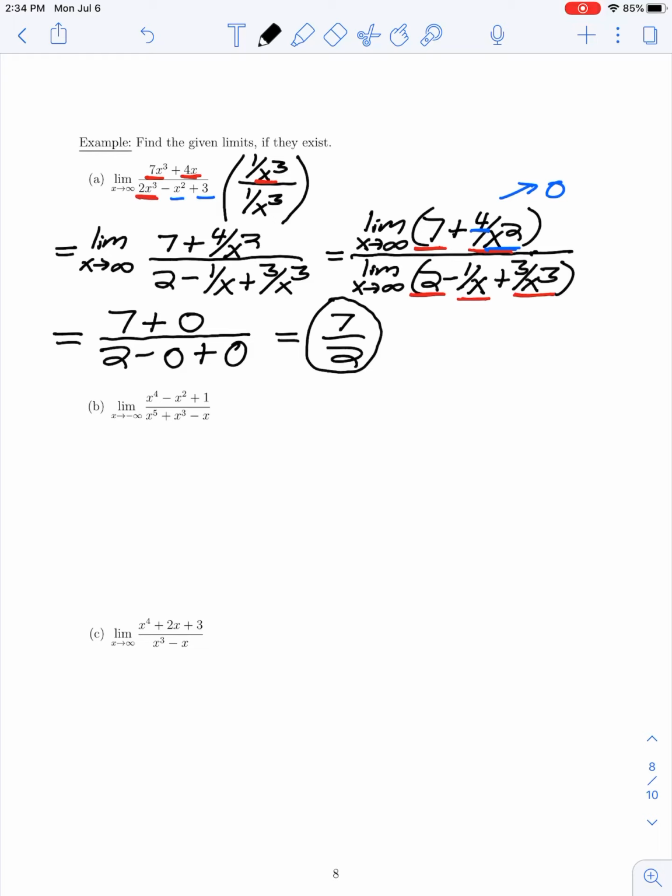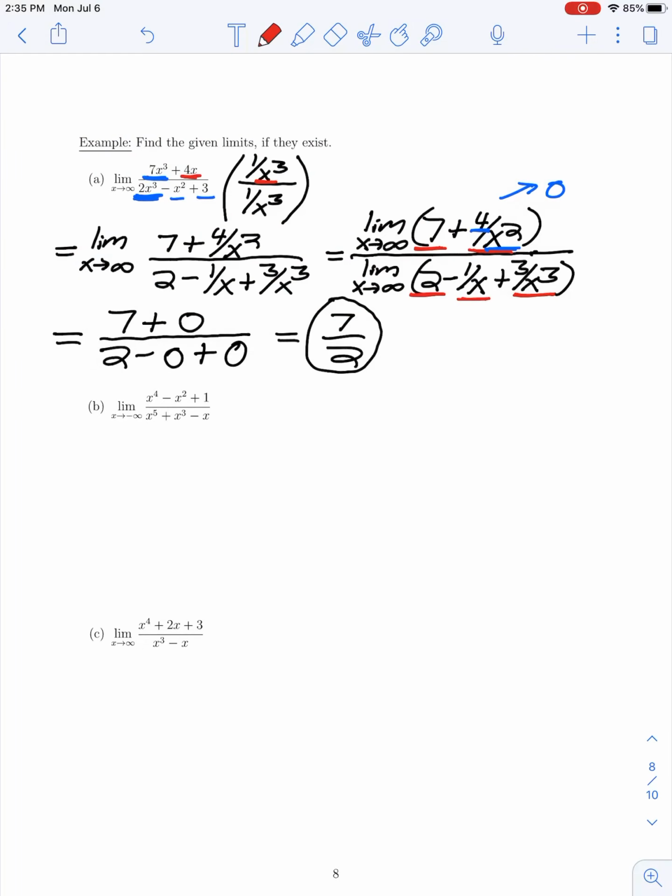Now, one thing I'll point out in this example is that our numerator and denominator in this rational function both have the same highest power of x. In this case, the highest power of x on both top and bottom is x cubed.